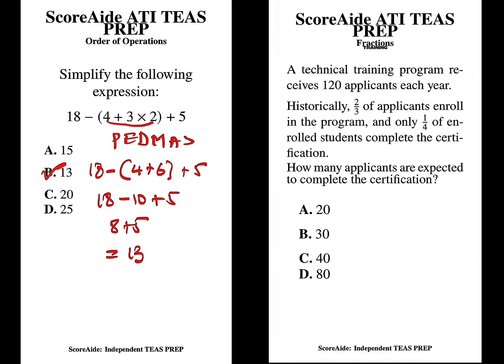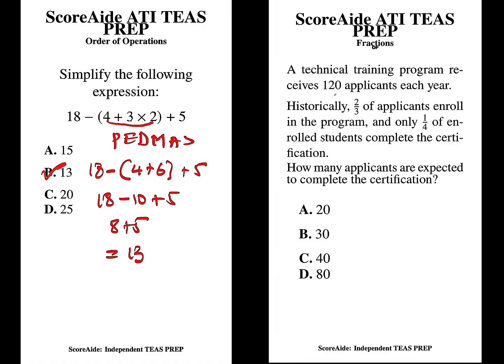A technical training program receives 120 applicants each year. Historically, two-thirds of applicants enroll in the program, and only one-fourth, only a quarter, of enrolled students complete the certification. How many applicants are expected to complete the certification?